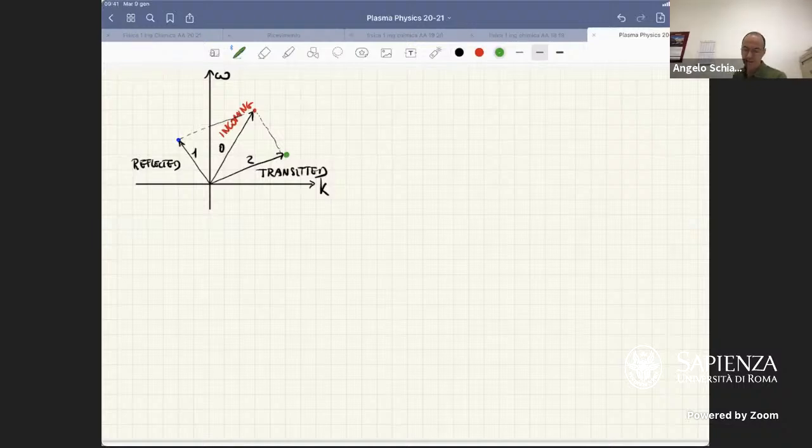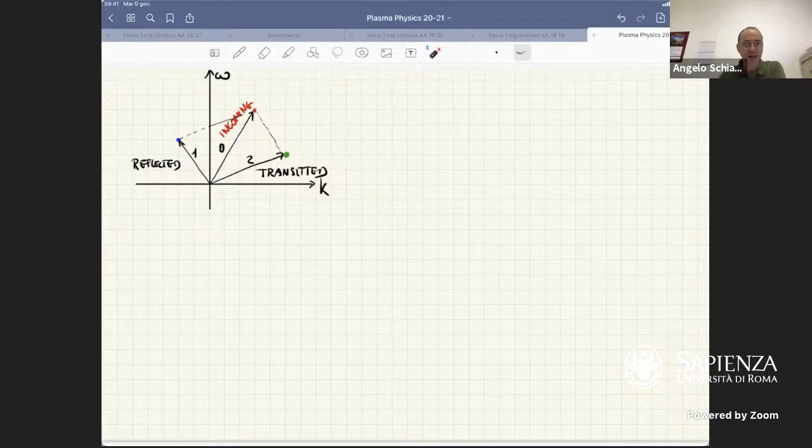By using this parallelogram rule, we are sure that by summing 1 and 2, so we go to 2 and then add up 1, the sum of the two final states has the same omega, so the same energy of the incoming wave, and the same k vector, the same momentum of the incoming wave. So that's the way we can couple waves together using this plot and using the vectors.